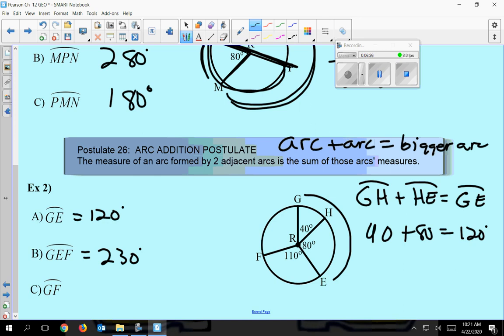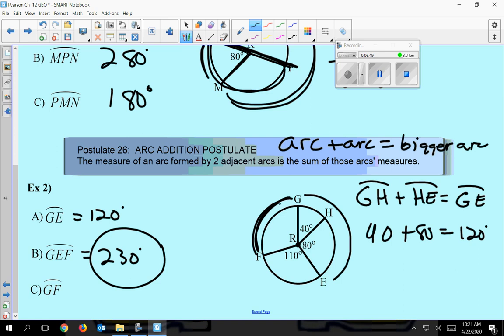Okay, so then now they're telling me to go for CGF. Well, that's telling me to go this direction. It's only two letters. I go that direction. I could pretty much tell that's going to be less than 180 degrees. Well, I've really pretty much, back in this last question, got the whole circle except for this last arc that they're asking me to find.